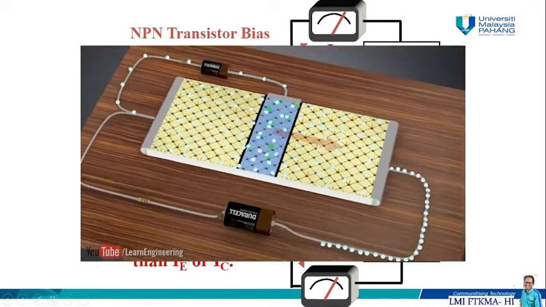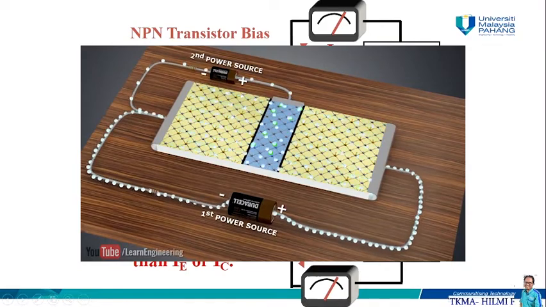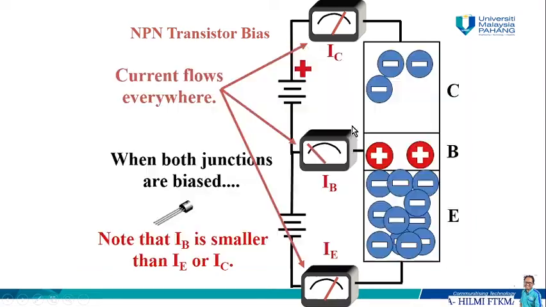So we have forward bias from EB, and BC is also forward biased, and therefore we are going to have electrons flowing throughout the circuit. We are going to note that the current IB is relatively smaller than the current at the collector and the current at the emitter.